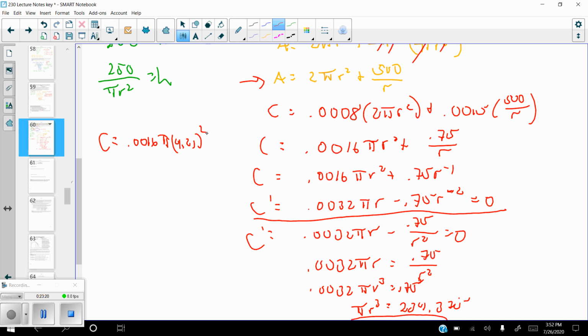Plus 0.75 over 4.21. So our approximate cost, which is going to be the minimum cost, is what we get when we plug this in the calculator. And that comes out to be about 0.267. I'm rounding to 0.27 cents for the can.